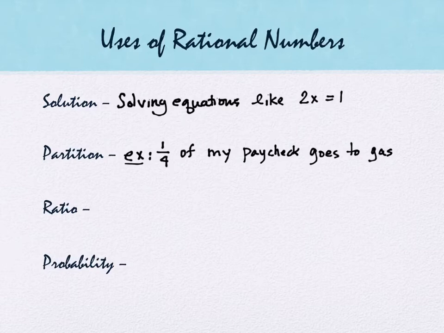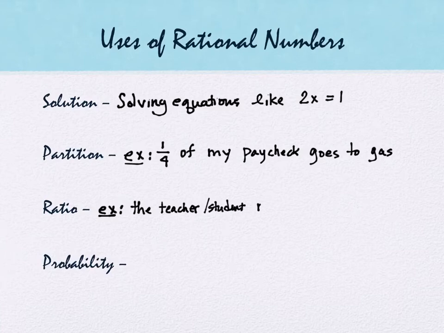Ratio is another one. So you see ratio all the time in education. This is an example of one: the teacher-student ratio is 1 to 12 or 1 to 20, right?